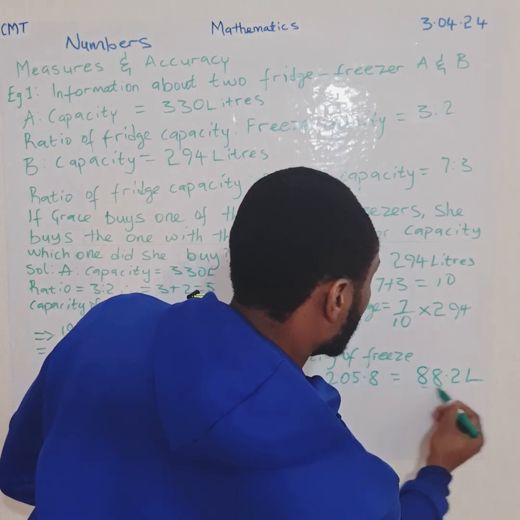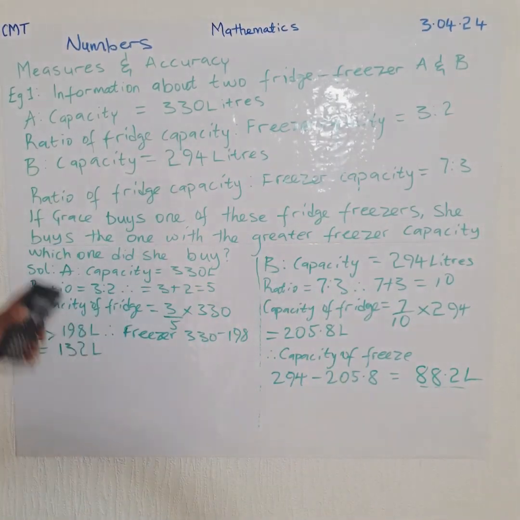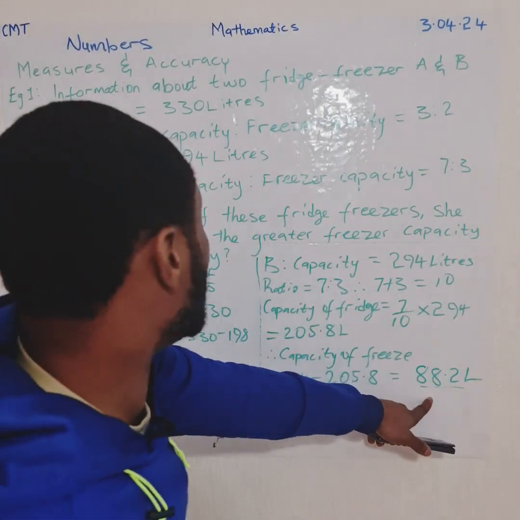Please take note that for B, the capacity of the freezer is 88.2 liters.